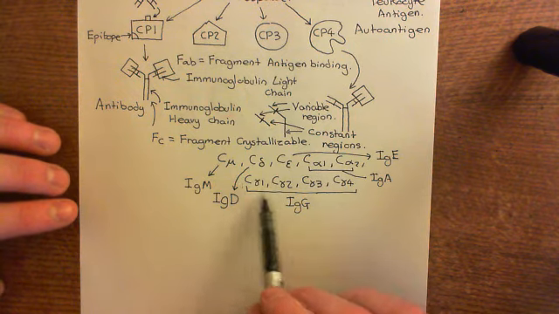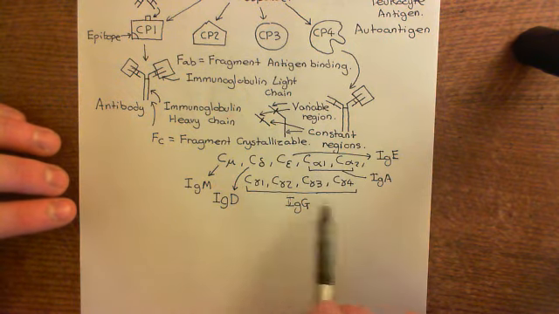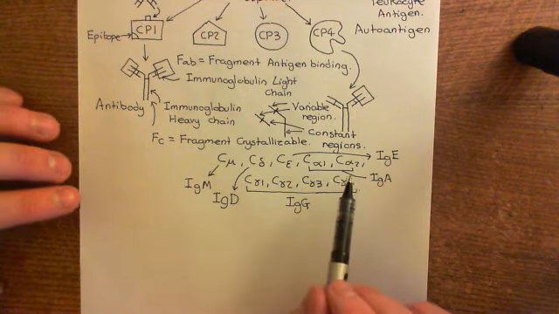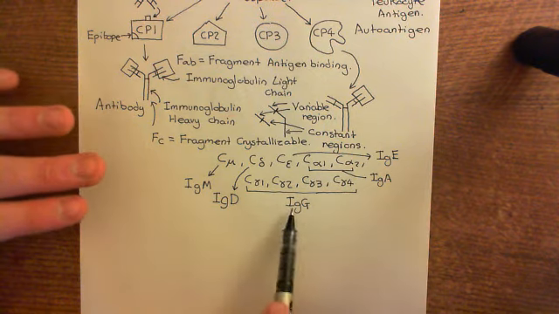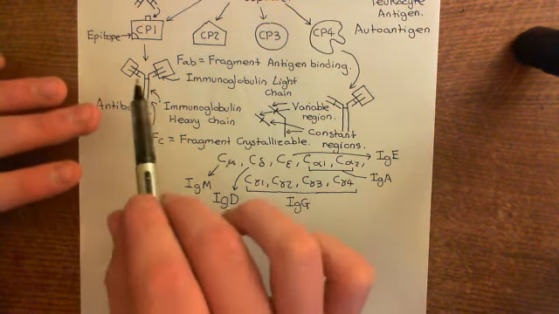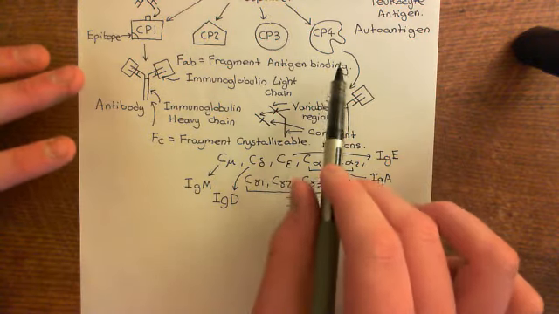Now, the main one that you'll end up producing are IgG molecules. So you're going to produce antibody molecules which will mainly be IgG against your citrullinated proteins.